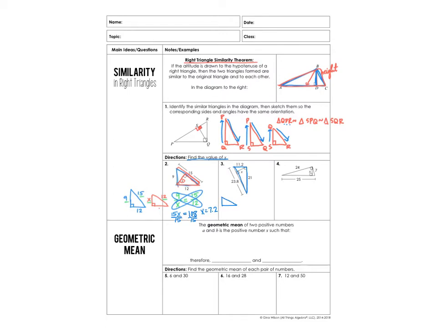I know that my right angle I want in my bottom left corner, and so I am kind of flipping it this way. Okay, so my short side is 11.2. My bottom is 21, and my hypotenuse is 23.8. Now I can choose whichever of the other 2 triangles I want. I'm going to choose this one.